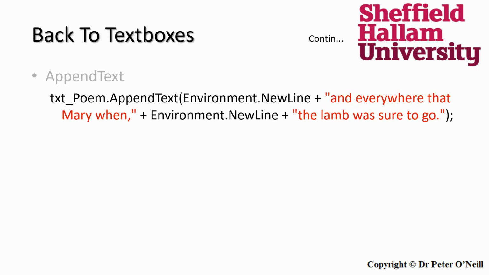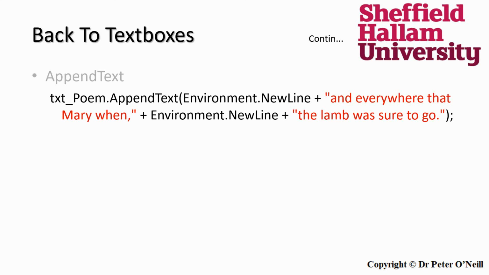So we've got txt, which is what I use for my text boxes, or txtb sometimes, underscore poem. So that's the text box. Then I want to append to the text itself new line plus and everywhere that Mary went, then a plus new line, the lamb was sure to go.